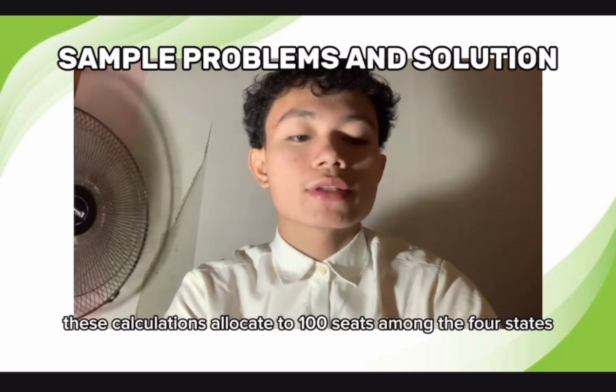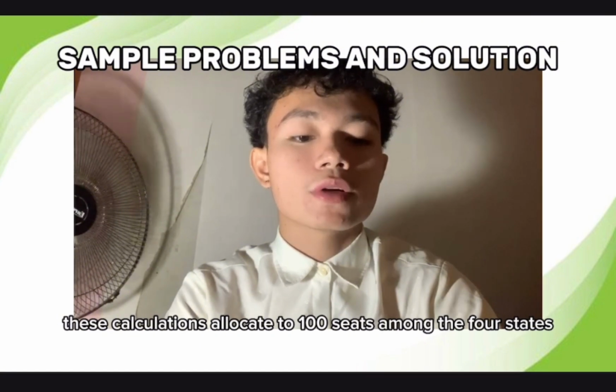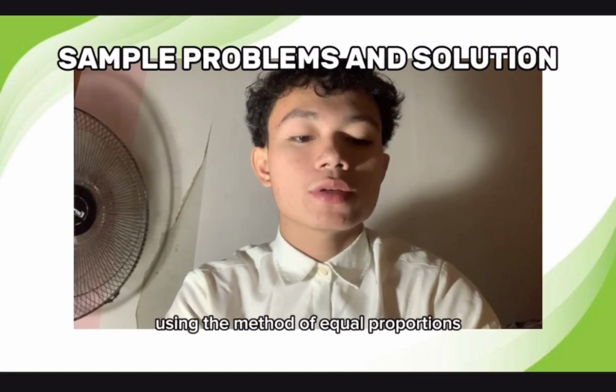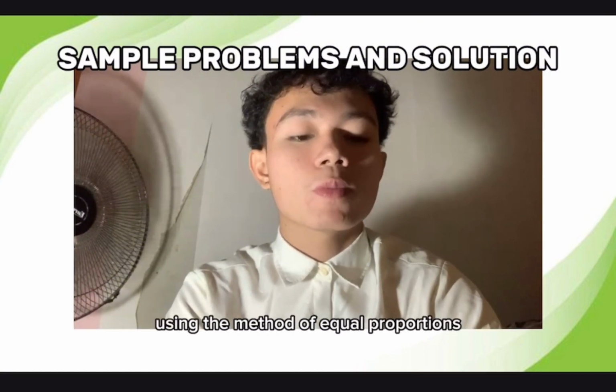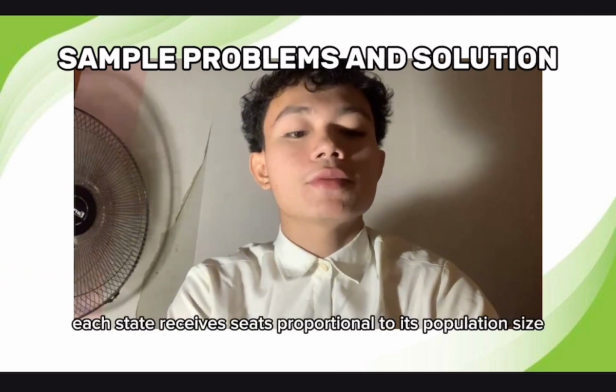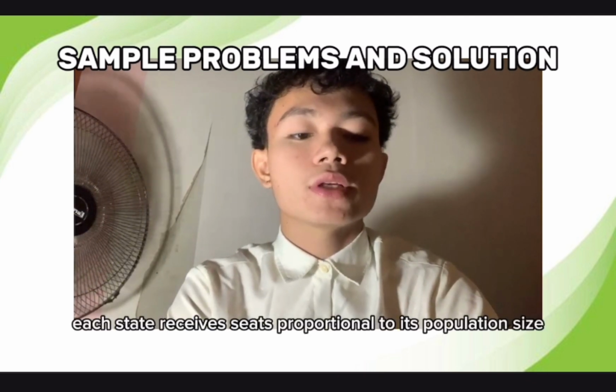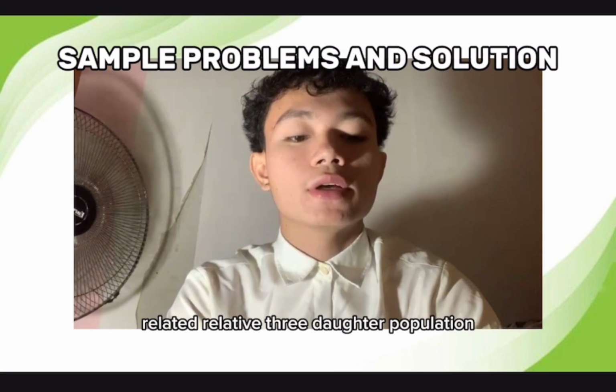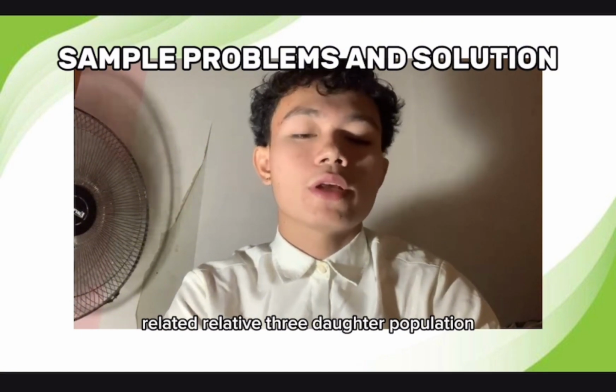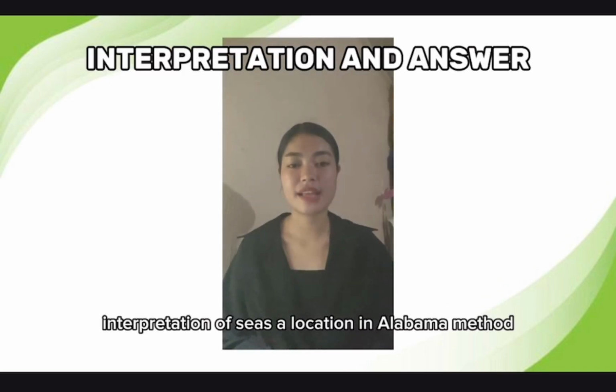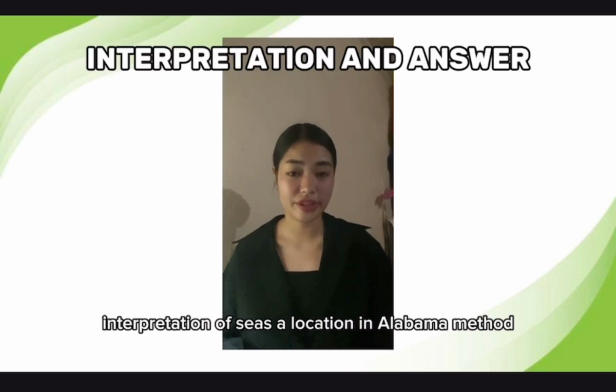These calculations allocate the 100 seats among the 4 states based on their populations using the method of equal proportions. Each state receives seats proportional to its population size relative to the total population. Interpretation of seat allocation in the Alabama method.